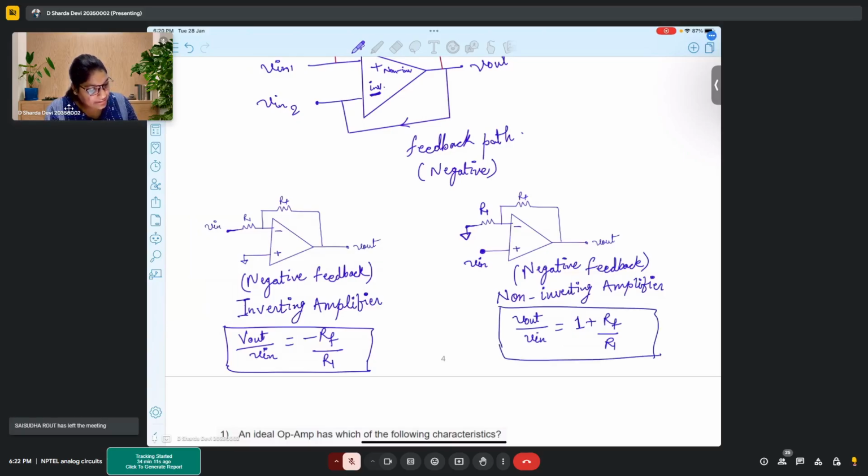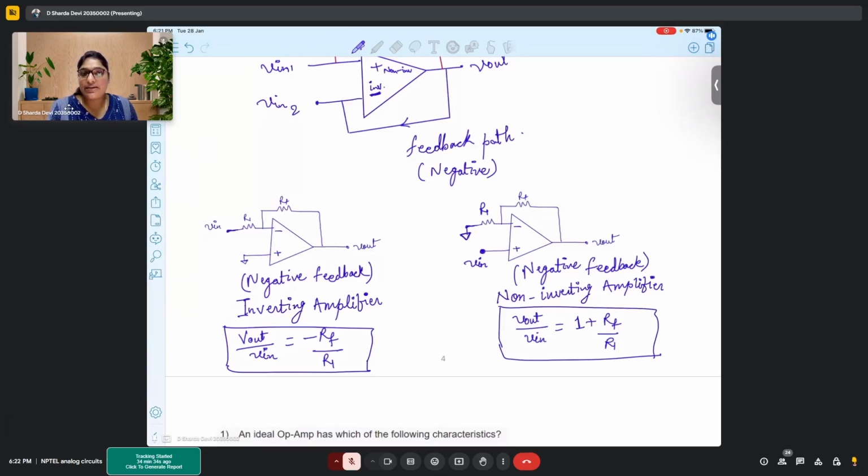See now here, if you can observe, in inverting amplifier, the gain has a negative value. Whereas in non-inverting amplifier, the gain is positive in nature, right? If we talk from physical significance, in inverting amplifier, you will see a 180-degree phase shift.